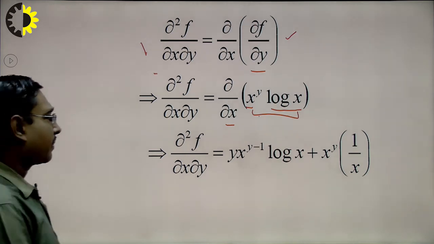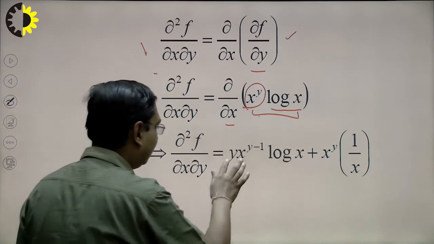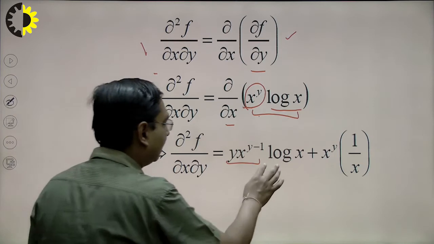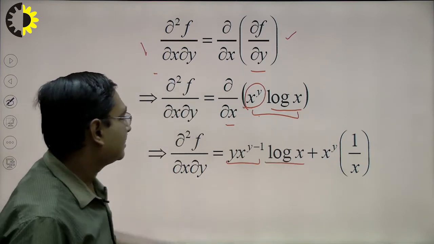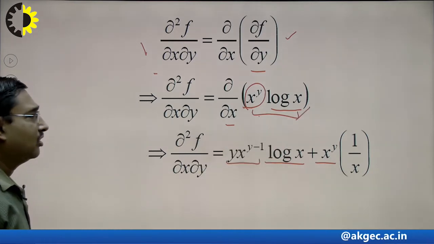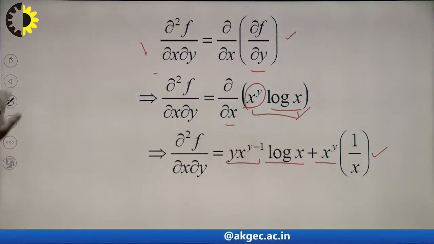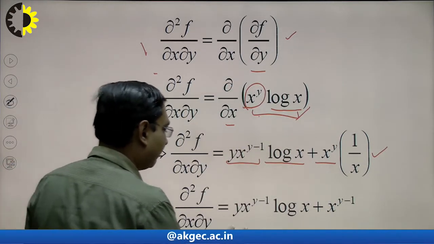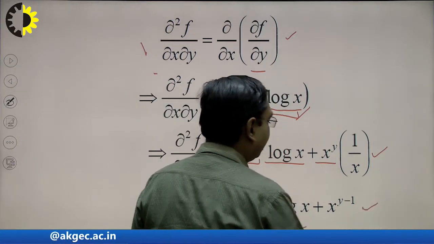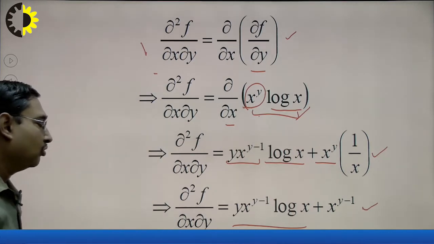By product rule, derivative of first term will give y x raised to the power y minus 1 as we have done earlier, second term as it is, plus first term as it is, derivative of second term. Derivative of this log x will be 1 by x. Simplifying it further, it becomes y x raised to the power y minus 1 log x plus x raised to the power y minus 1. This is our value of del 2f over del x del y.